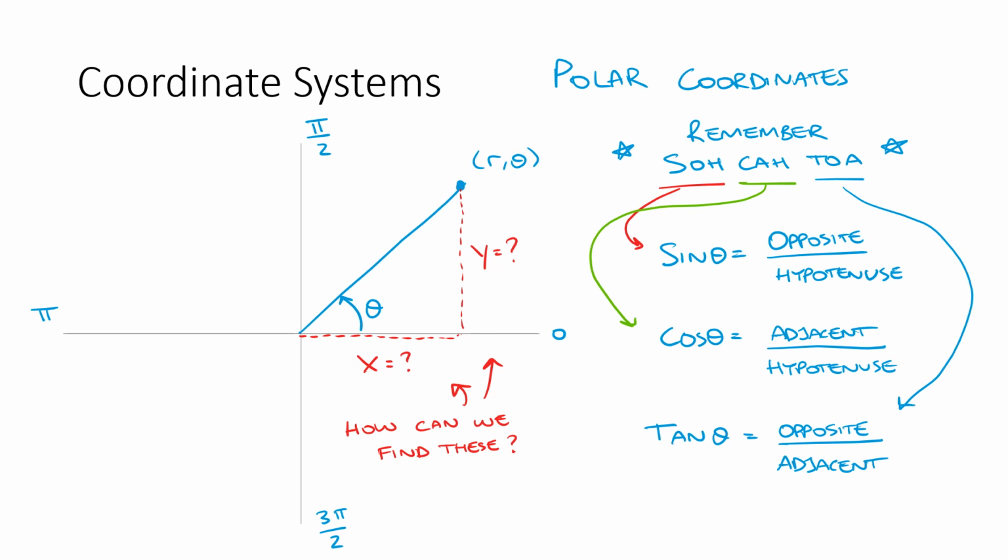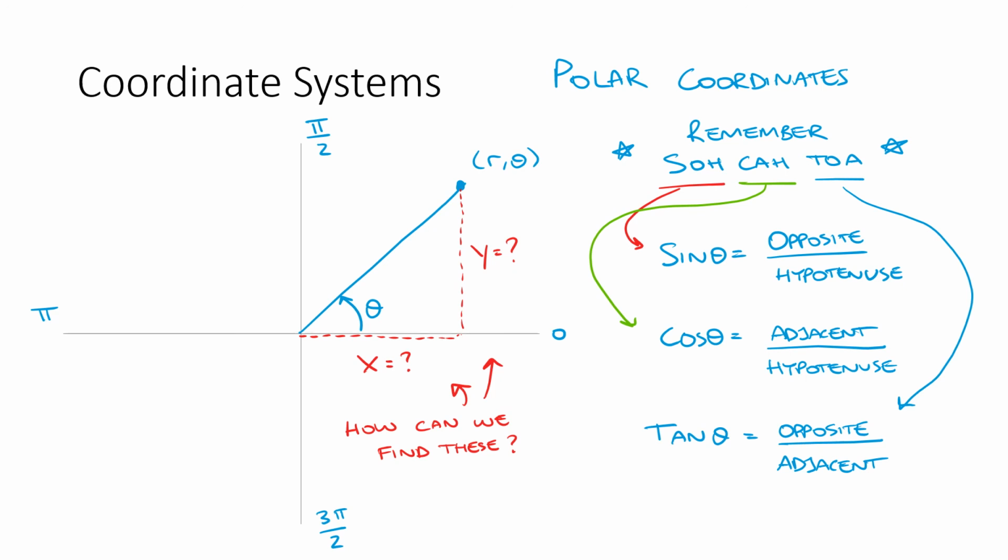Okay. So for polar coordinates, I'm just going to have this grid, this sort of axis like this. Whereas on a typical axis, I have x and y.